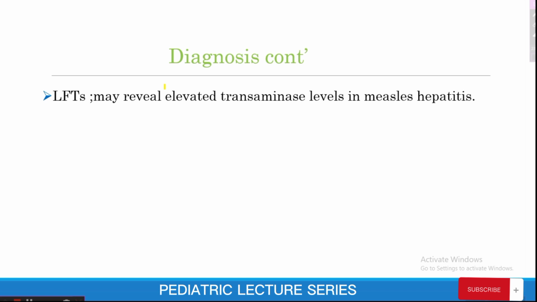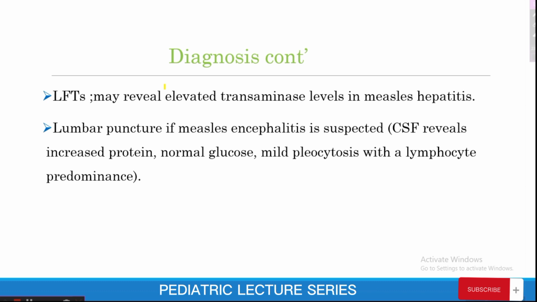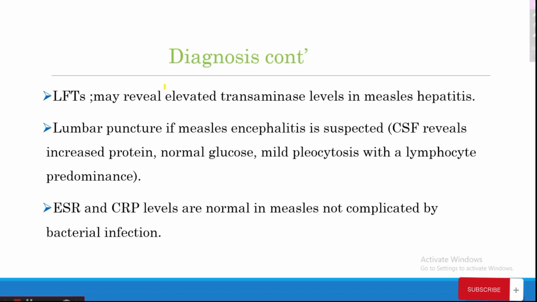And then a liver function test can be done, and the transaminase levels will be elevated in measles hepatitis if it has affected the liver cells. And then if it has affected the meninges, a lumbar puncture can be done, and the CSF will reveal increased proteins, normal glucose, and mild pleocytosis with lymphocyte predominance.